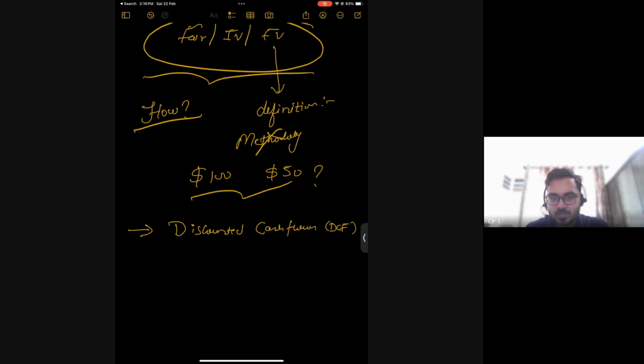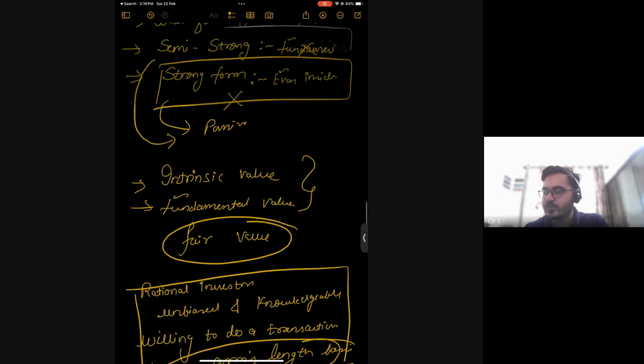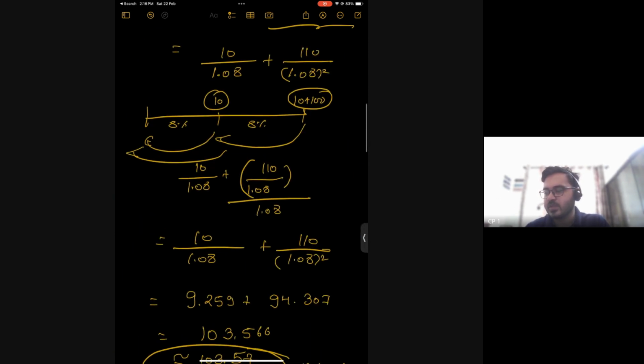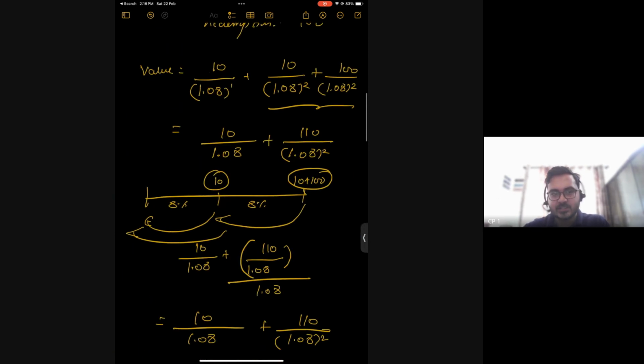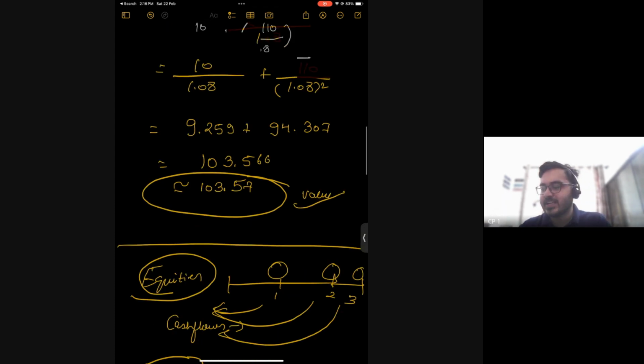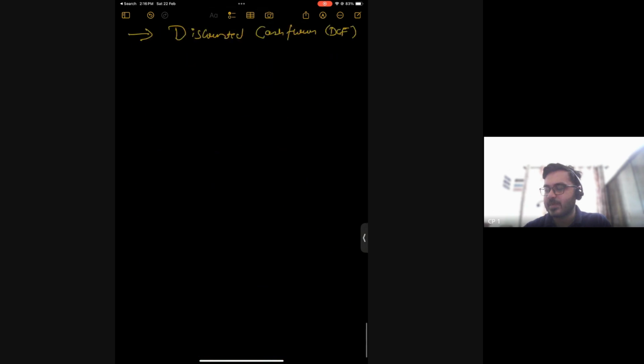In case of the discounted cash flow model, what you end up doing is you build a model, try to understand what sort of cash flows are generated using that model, discount those cash flows back to the present value and get to your number, similar to what we did in our example of a bond. So when you're looking at the cash flows and discounting them back to the present value, that is where a DCF basically happens.